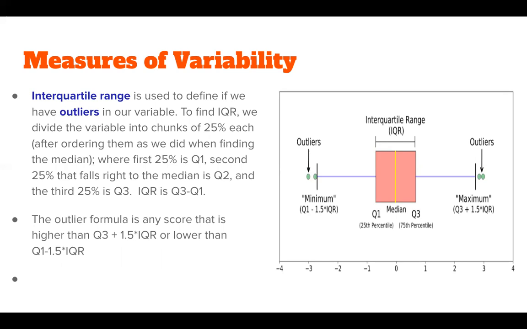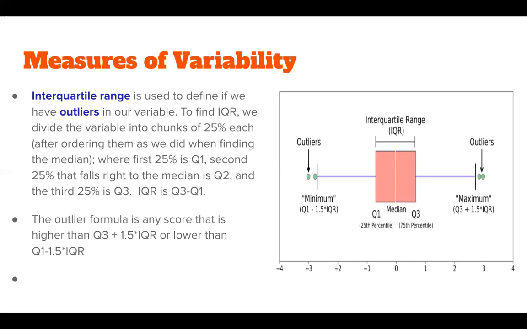That gives us our IQR. We then take our IQR and develop our parameters for what should and should not be considered an outlier. The outlier formula is this. On the higher end, outliers are above Q3 plus 1.5 times the IQR. Low outliers are below Q1 minus 1.5 times the IQR.